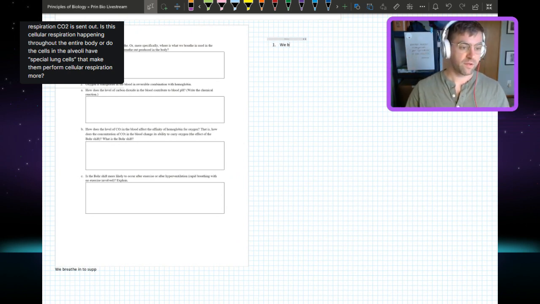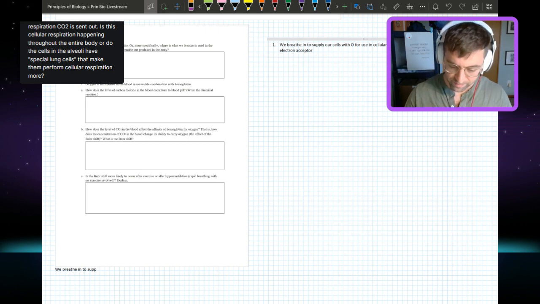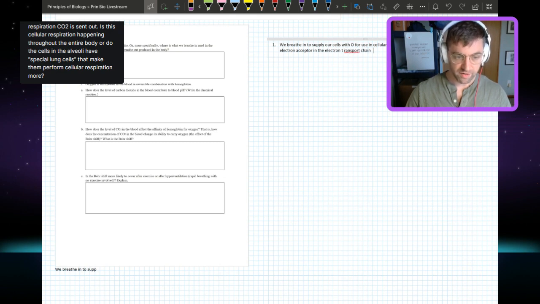There we go. We breathe in to support ourselves with the oxygen for use in cellular respiration. Specifically, it's the ultimate electron acceptor in the electron transport chain, also known as oxidative phosphorylation.